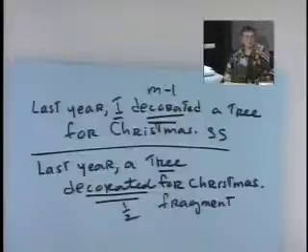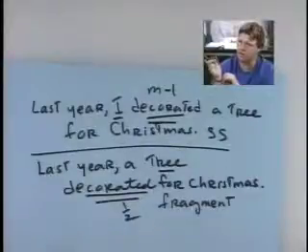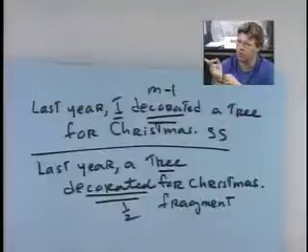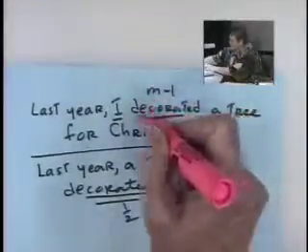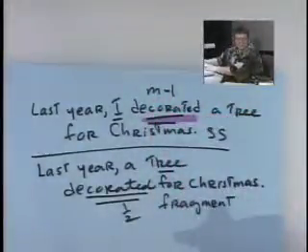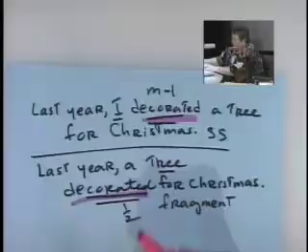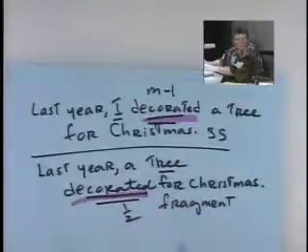Question, Jerry. What happened to I? I took it out. Why? I wanted to. No, this is not a question. All I'm showing you is that decorated, here's my key thing, what I'm illustrating right now, is that in this example, decorated is a whole verb. In this example, decorated is a half verb. This is my point.